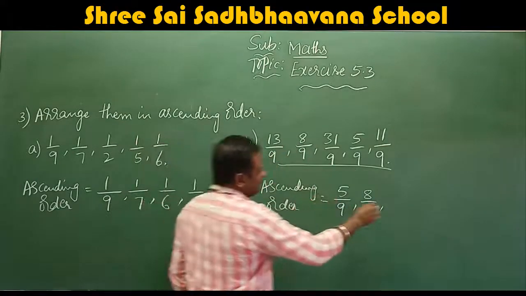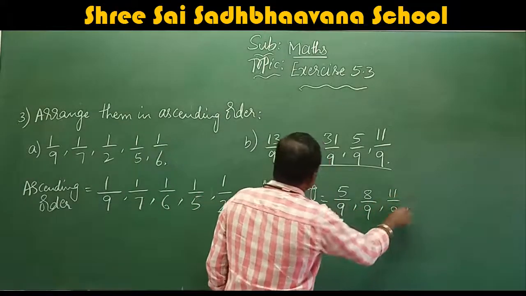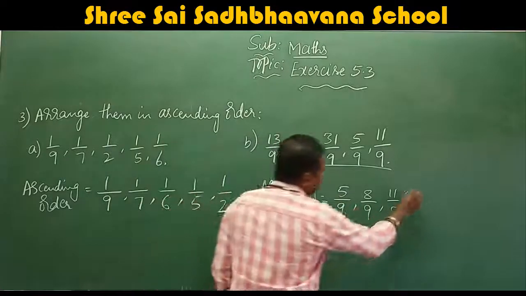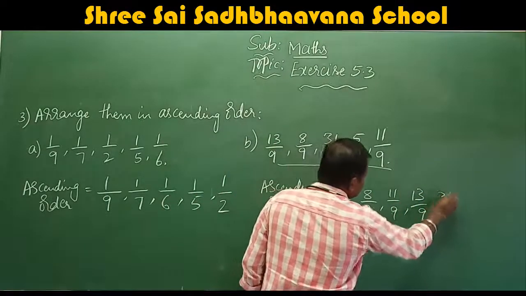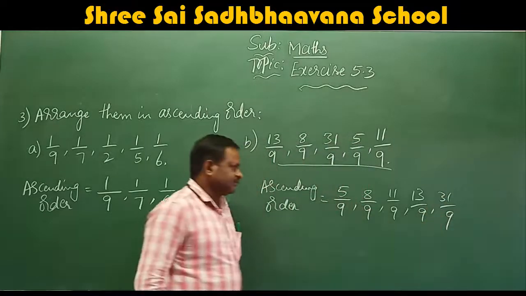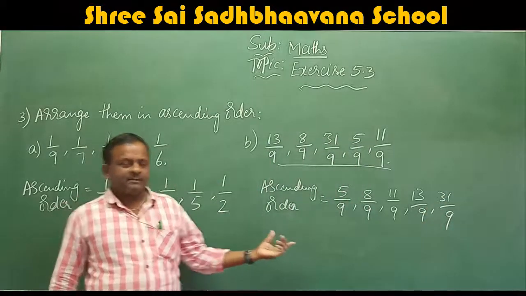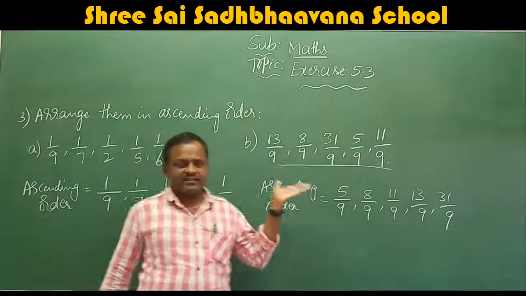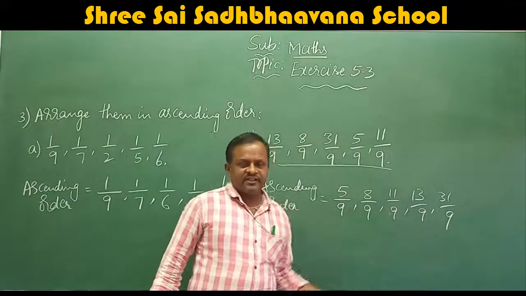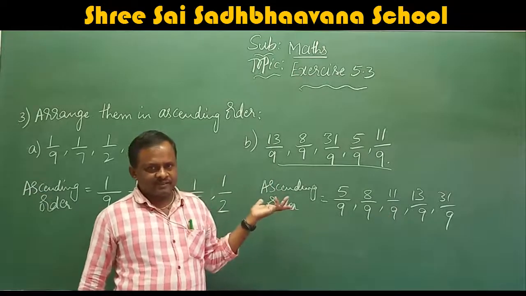Third one is 11 by 9. Fourth one is 13 by 9. Fifth one is 31 by 9. If the denominators are same, write the fractions in ascending order, that is, write the numerators in ascending order, then you get the answer.